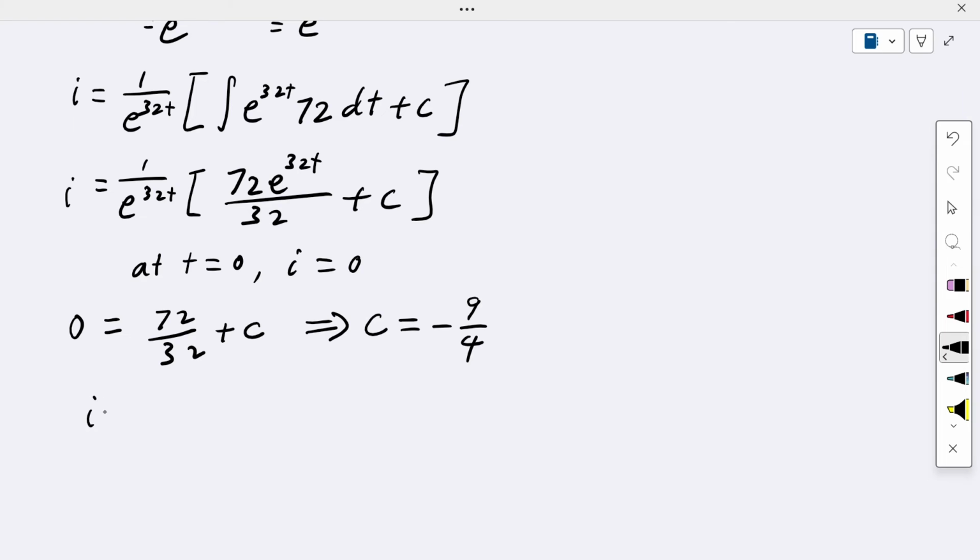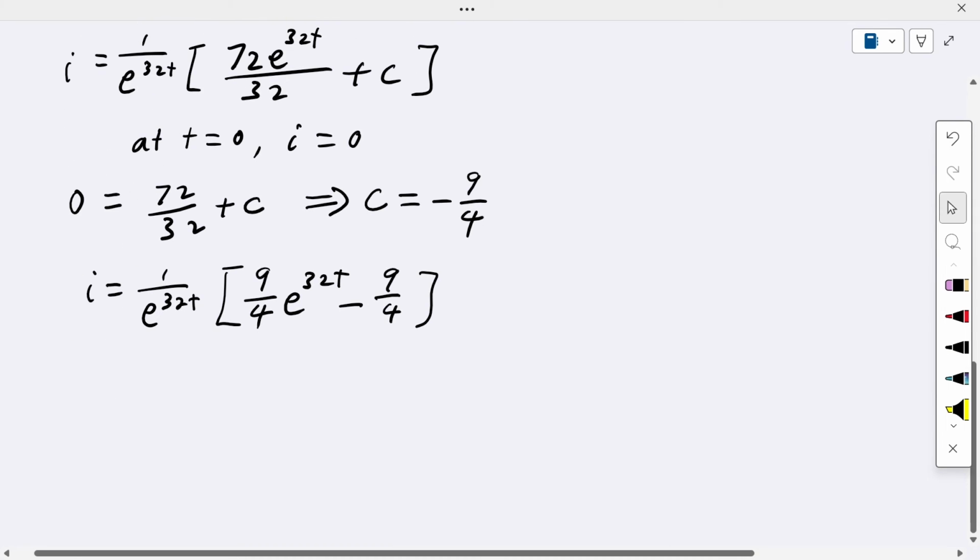I is equal to 1 over exponential 32t times 72 divided by 32, which is 9 over 4 exponential 32t, and c is minus 9 over 4.